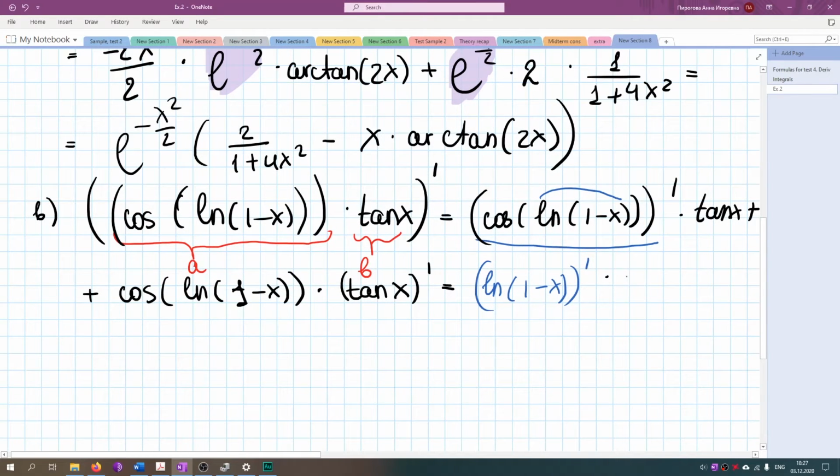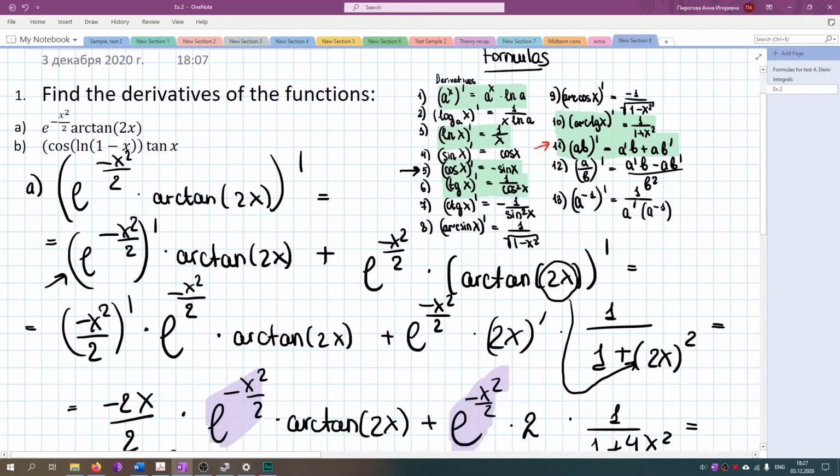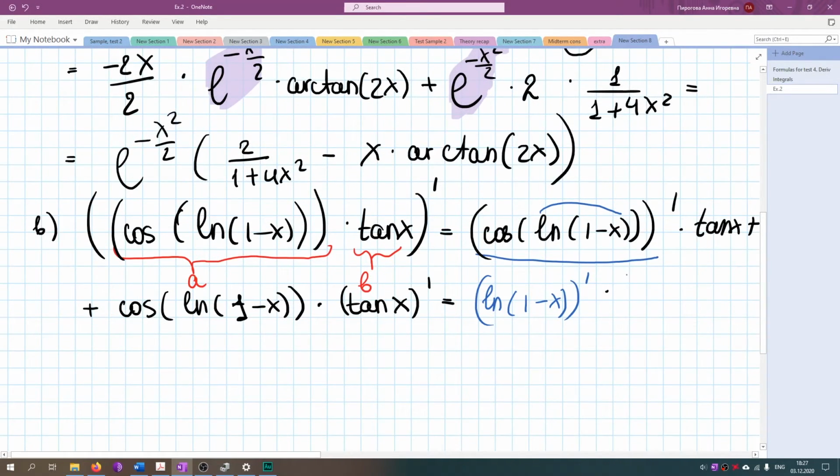In our case, the argument is our function with natural logarithm.